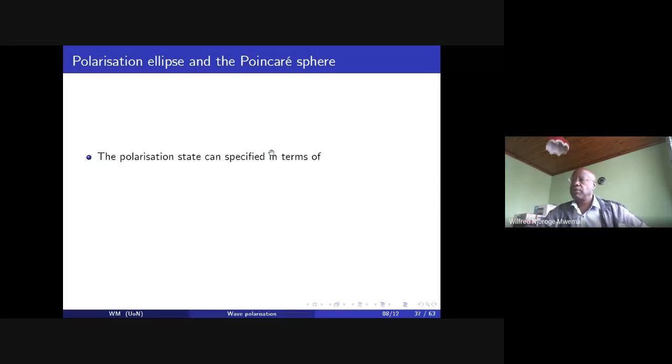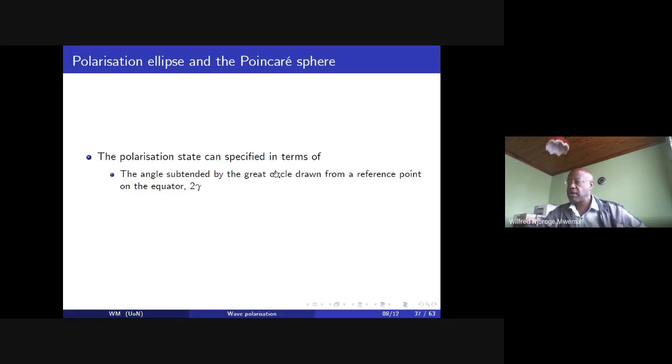The polarization state is then specified in terms of the angle subtended by the great circle drawn from a reference point on the equator, passing through the point we are dealing with. Remember a great circle from your friends in survey and photogrammetry.